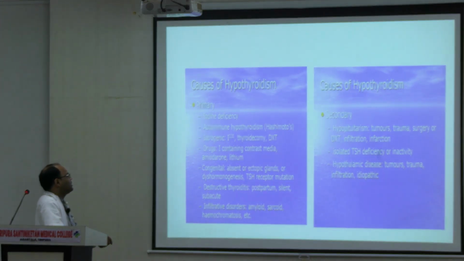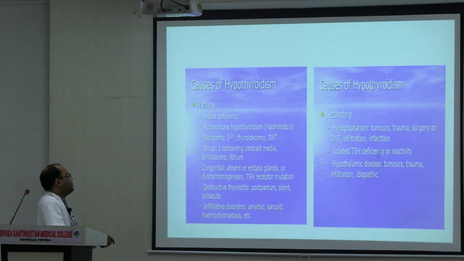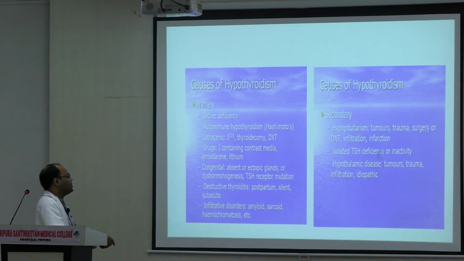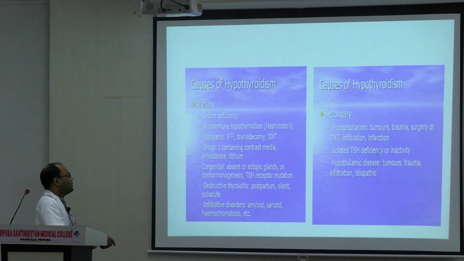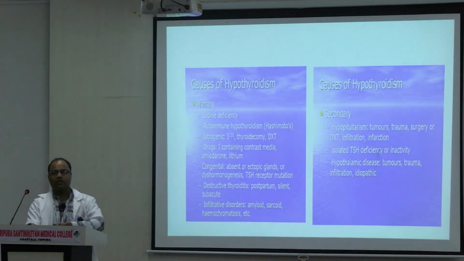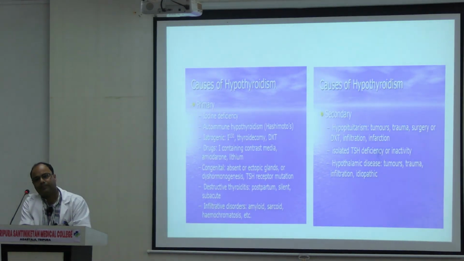In secondary causes, tumors, trauma or surgery, infiltration or infection cause hypothyroidism, and isolated TSH deficiency also causes hypothyroidism. Sometimes hypothalamic disease like tumor or trauma also causes hypothyroidism. Okay, these are the causes of hypothyroidism.